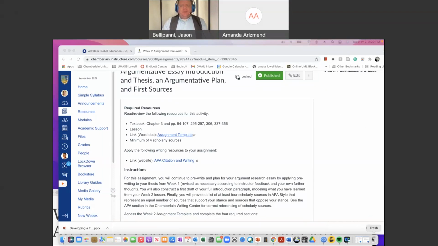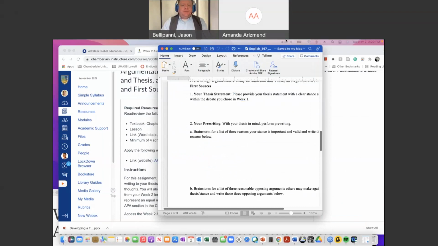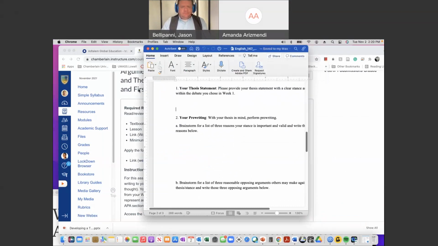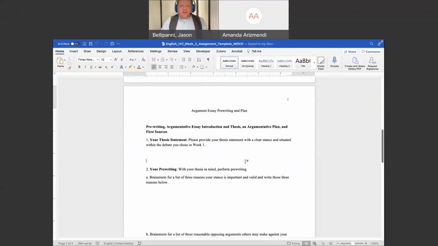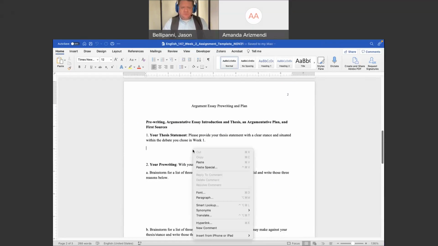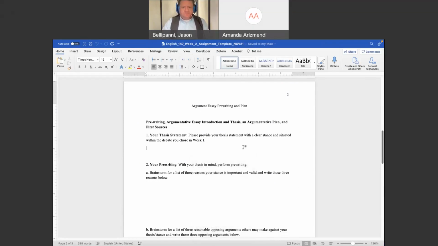And it has a template, and the template looks like this. Okay, so basically, I'll go over it.